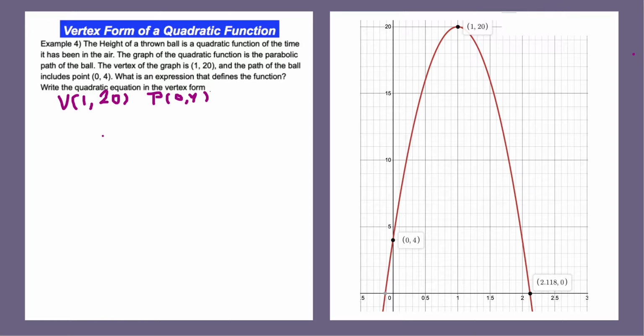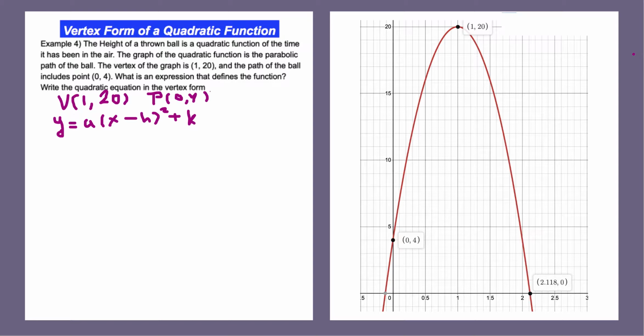And now the quadratic formula in vertex form is y equals a times (x minus h) squared, plus k. So now we already know those elements.